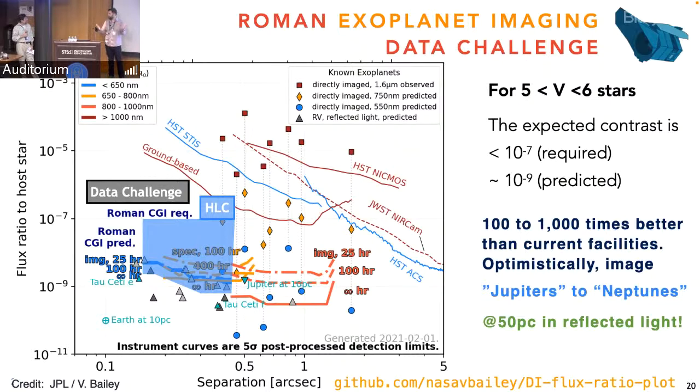Of course, everything has to go fine, and you know, the wavefront control. So you basically have deformable mirrors that are controlled with calculations that are made on the ground and sent to the spacecraft. So everything has to be very stable. But if everything works well, this is the requirement, but the prediction is more here.